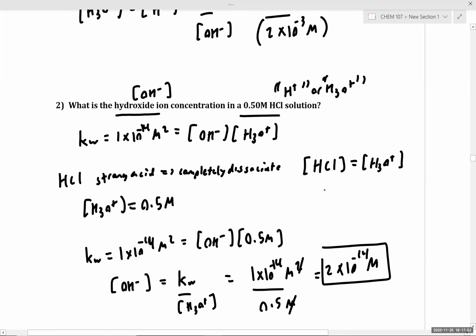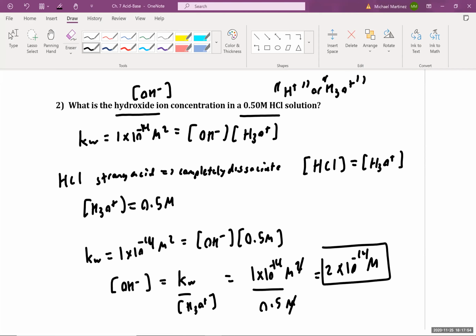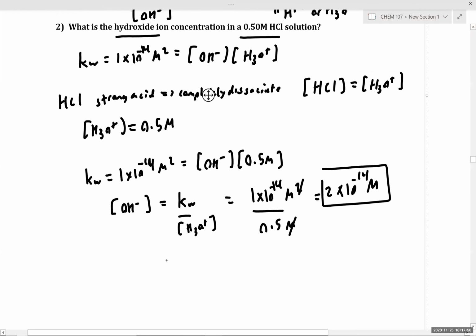So in terms of the numbers that you'd input into your calculator, you'd enter 1 EE negative 14. So that's the first set of numbers. Then you'd enter the division symbol, then parentheses 0.5, and then you'd hit the equal sign. Okay, so we need to enter the parentheses.